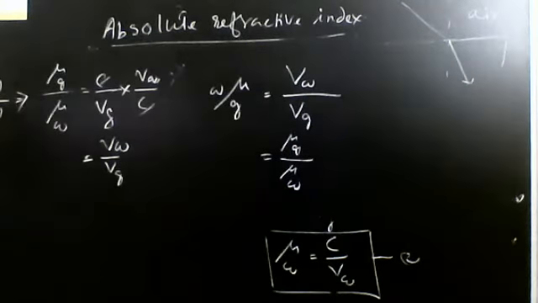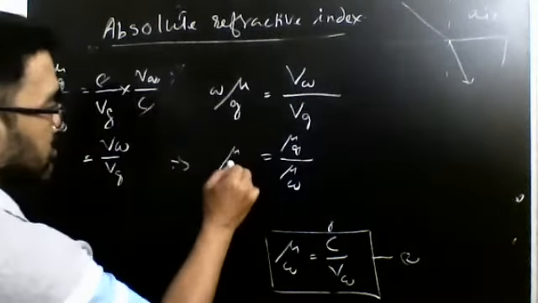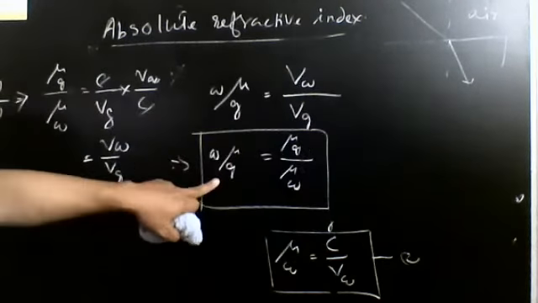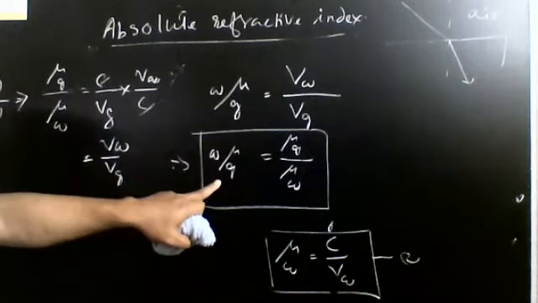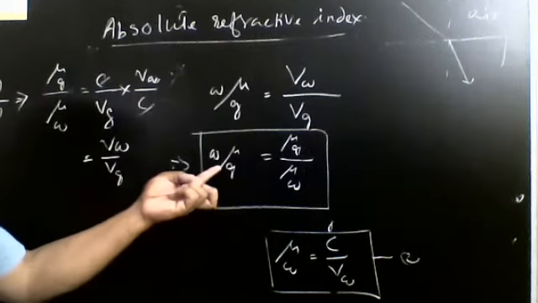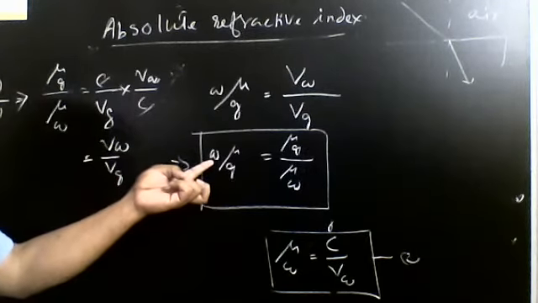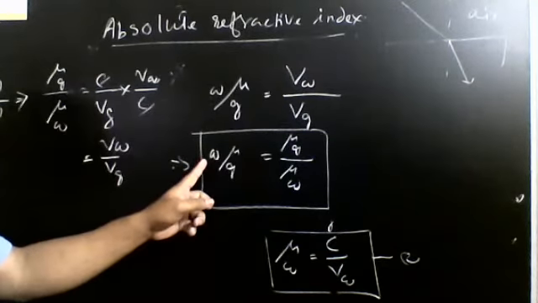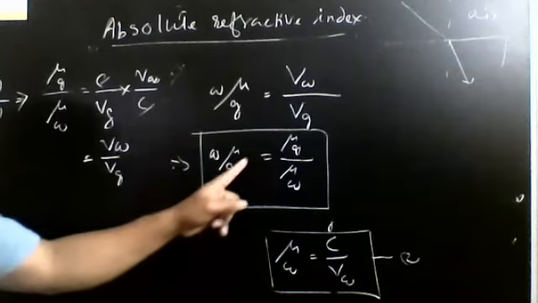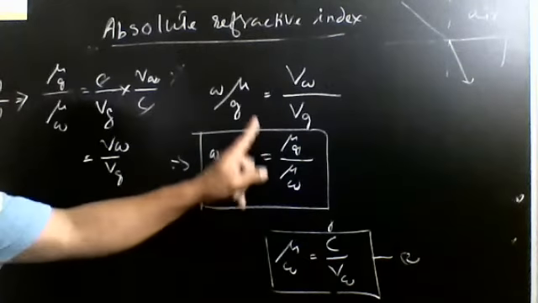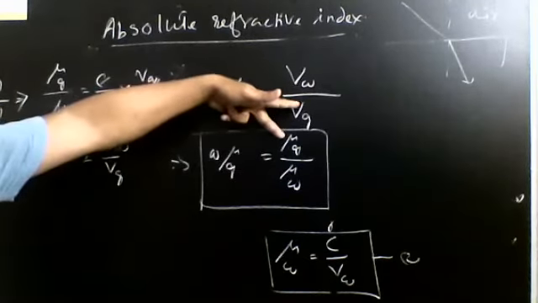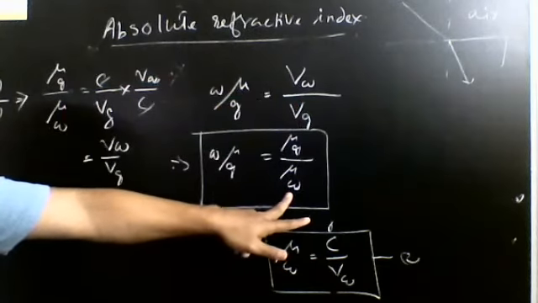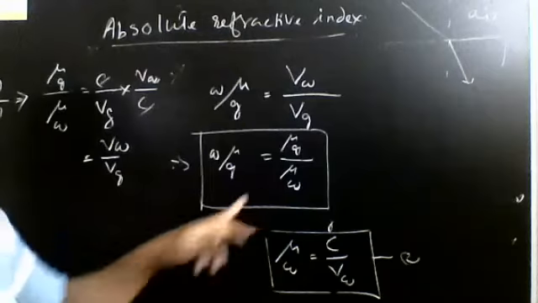Okay, so the left hand side will remain the same, which means mu z w, the meaning of this is the refractive index of glass with respect to water, okay, is equal to the ratio of the absolute refractive index of glass to the absolute refractive index of water. This is a very important relation.